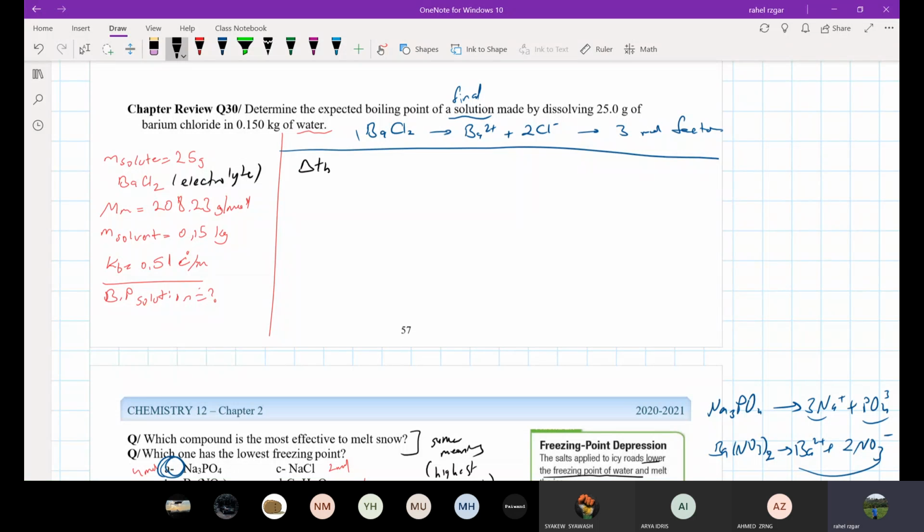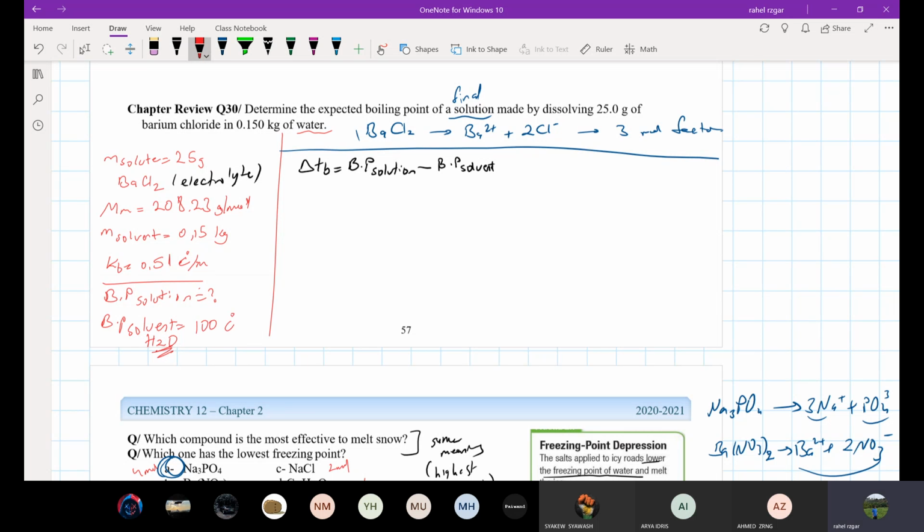Delta Tb equals boiling point of solution minus boiling point of solvent. Do we know boiling point of solvent? Yes, it is water. This is the point that you have to know. Boiling point of solvent, which is H2O, is 100 Celsius.